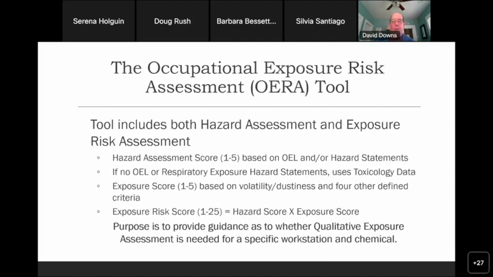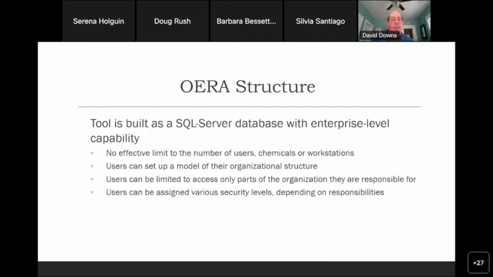So what we're trying to do is identify where we need to spend our time and effort in doing qualitative exposure assessment, and which operations and which chemicals we can maybe take at a lower priority, or maybe we just document that there's really a low risk of exposure to those materials, and we focus on those that are higher risk. So that's a primary purpose.